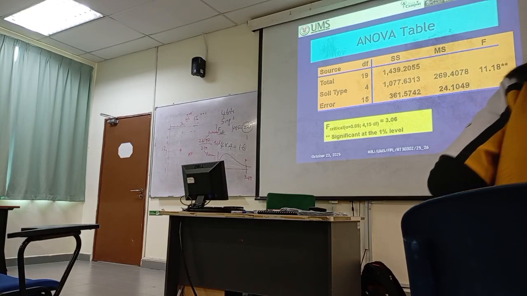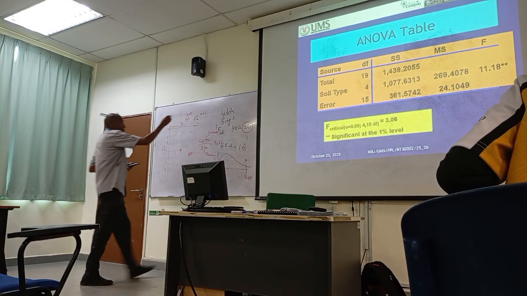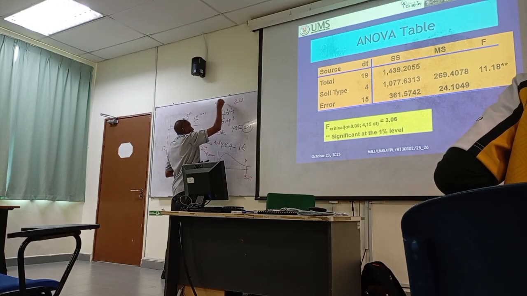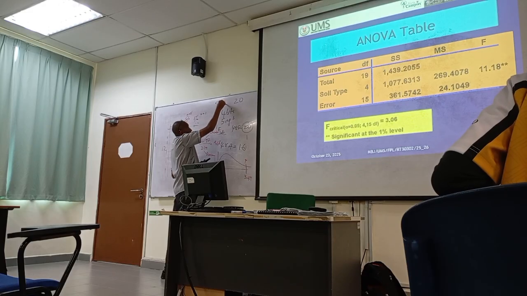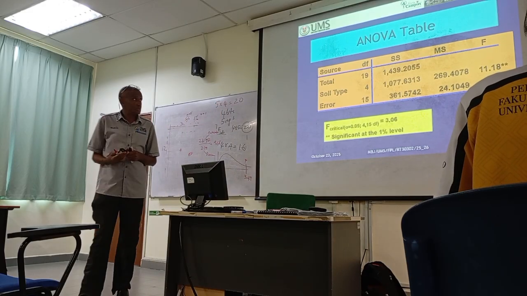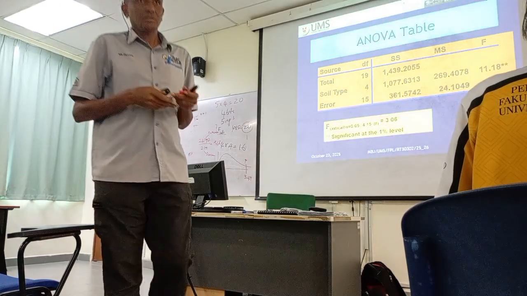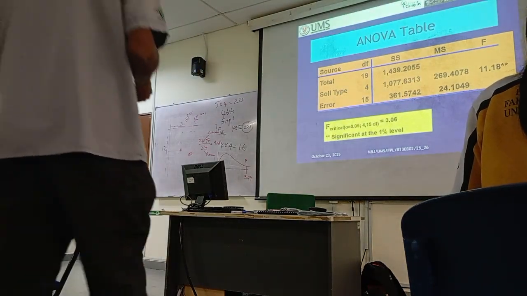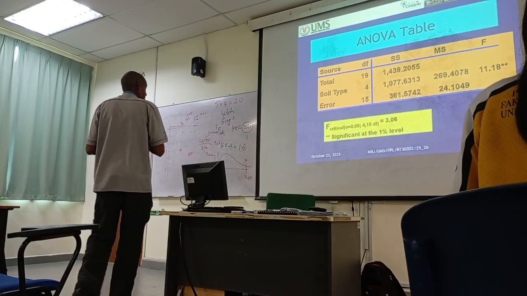We have treatments here, 5. Total is 20. How many replications? 4. Yes, 4. 5 times 4 equals 20, right? 5 treatments. Are you clear? 5 treatments replicated. So there are only 4 replications here.